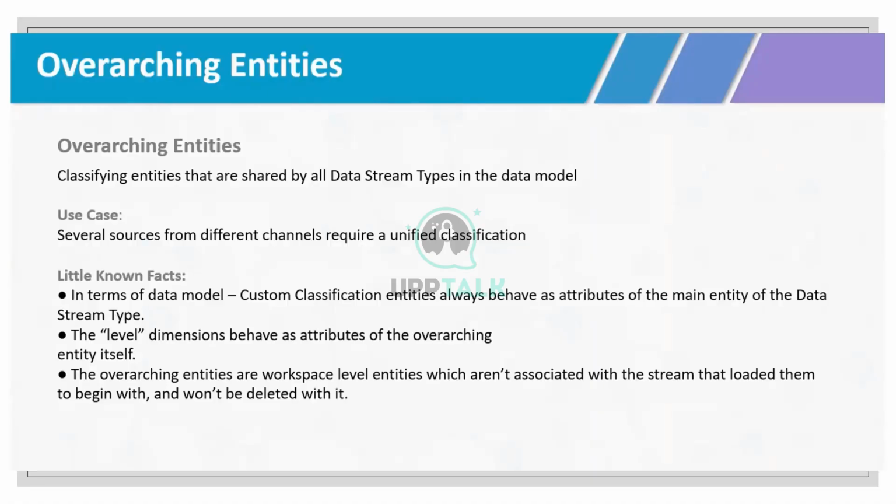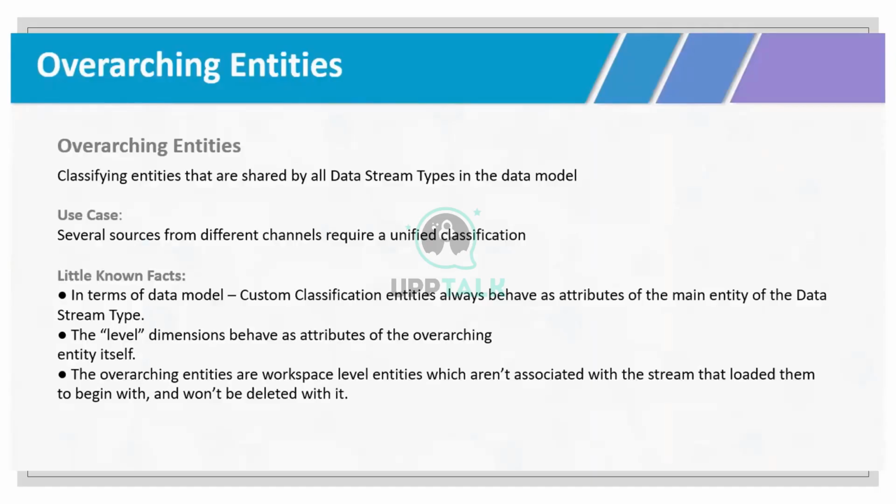It has to be a one-to-one relationship always. Anyways, custom classification entities always behave as attributes of the main entity. What it means is a custom classification will have a one-to-one relationship with the main entity and it behaves as attributes of it. The level dimensions we have are attributes of the overarching entity itself.